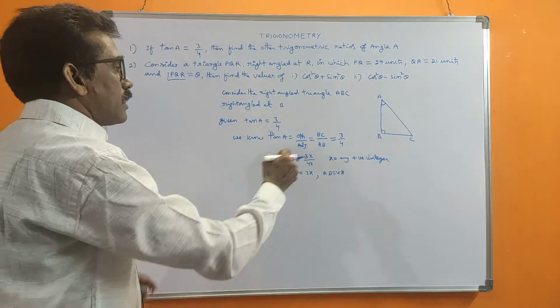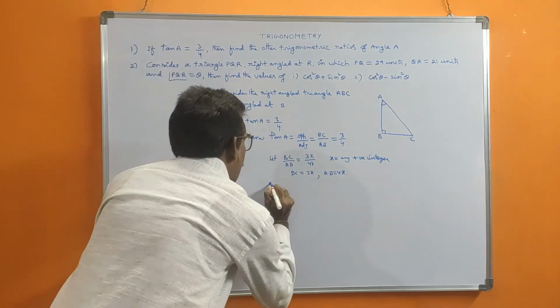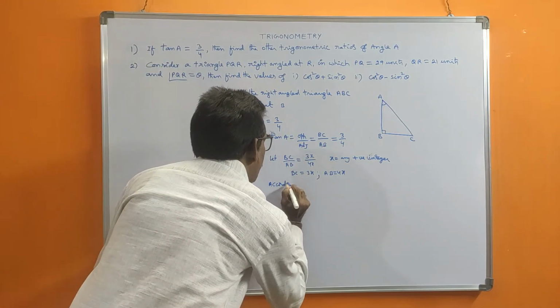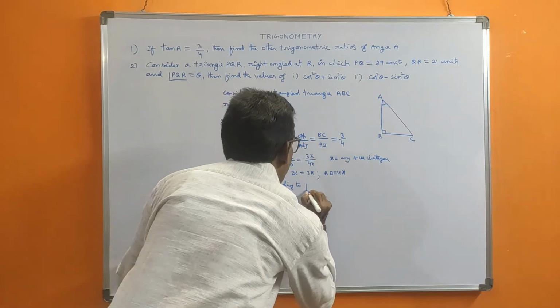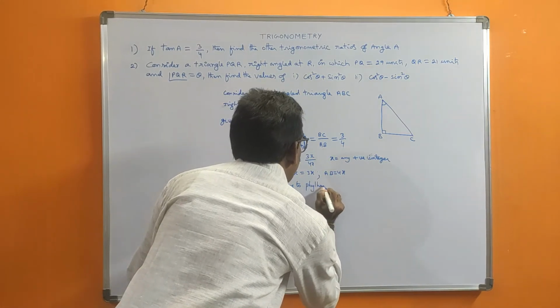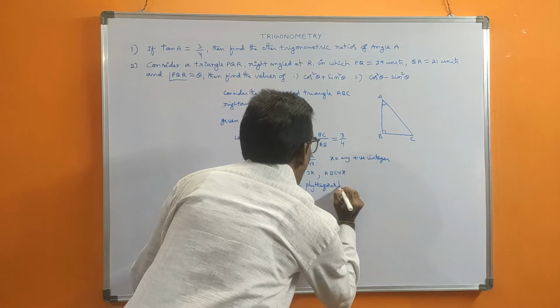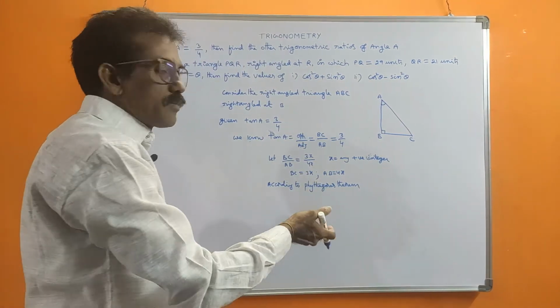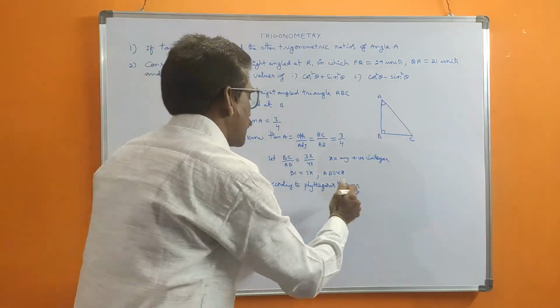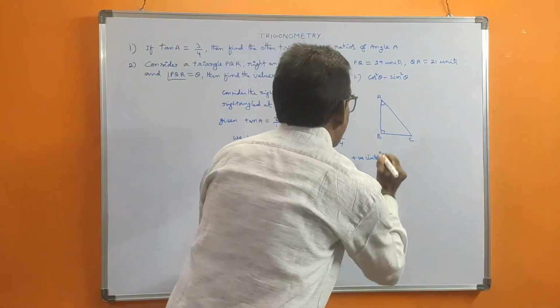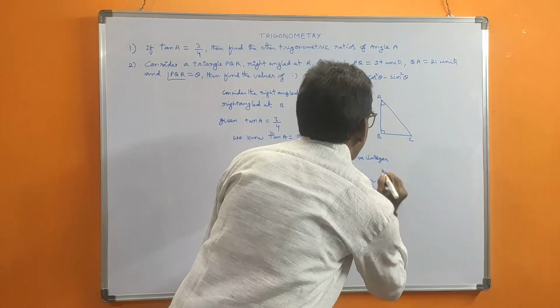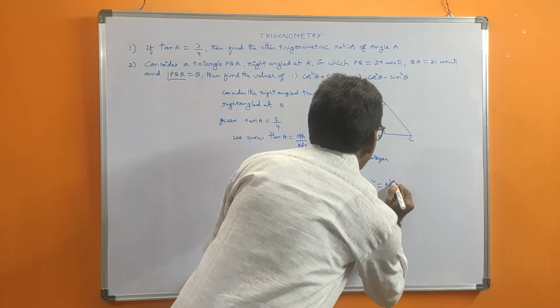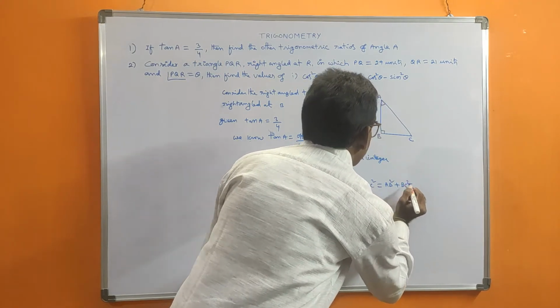Now, according to Pythagoras theorem, I have told this already many times, so I am not explaining the theorem, I am directly writing it. We know, according to Pythagoras theorem, AC square is equal to AB square plus BC square.